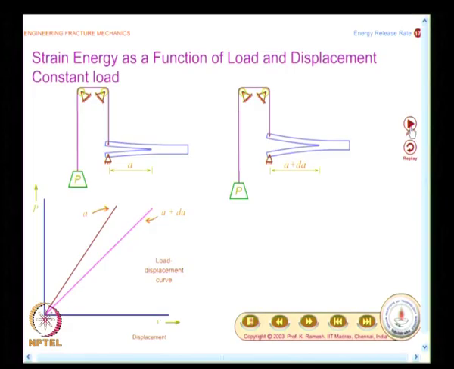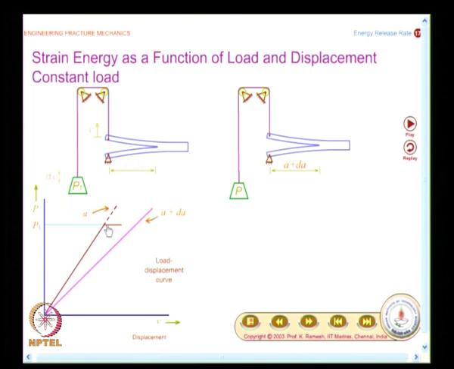So, what I will do now is I will increase the load and observe the crack has started to advance when the load has increased to a value P1, and it has moved by a distance dV. Animation is very nicely done, it is as if I am doing an experiment, the animation is shown.